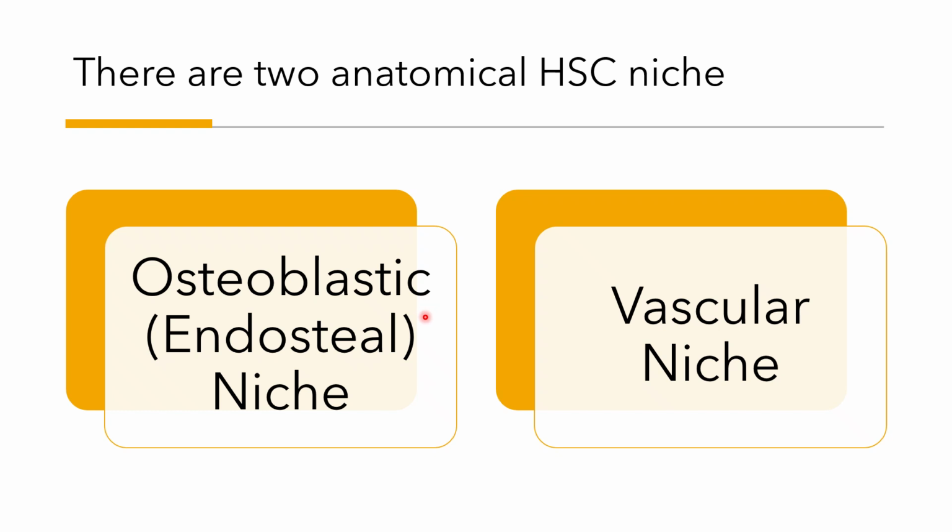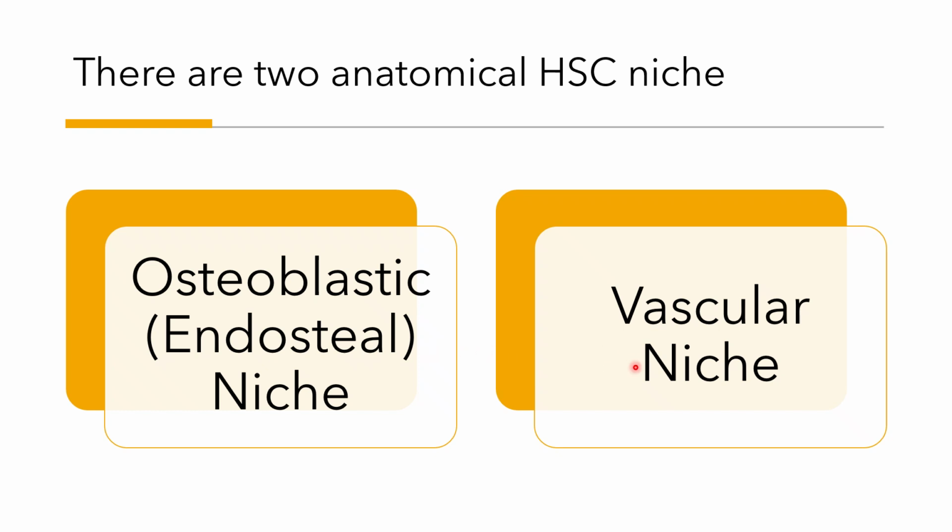As you can understand by the name itself, osteoblastic or endosteal, it is closer to the endosteal part of the bone, to the osteoblast. It's towards the periphery of the bone, of the trabecular bone, and the vascular niche is relatively more centrally placed, around the blood vessels and the microvasculature of the bone.